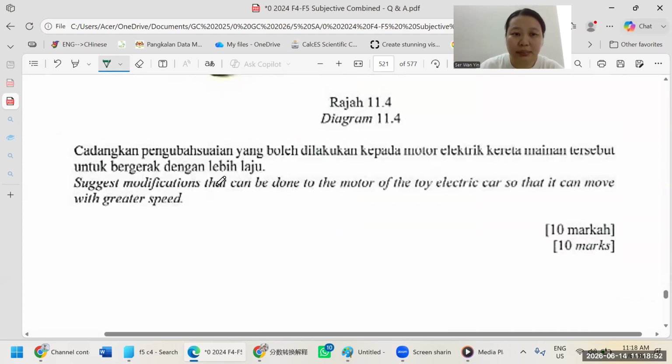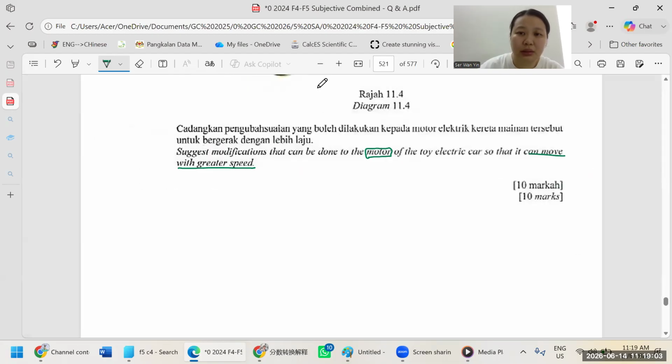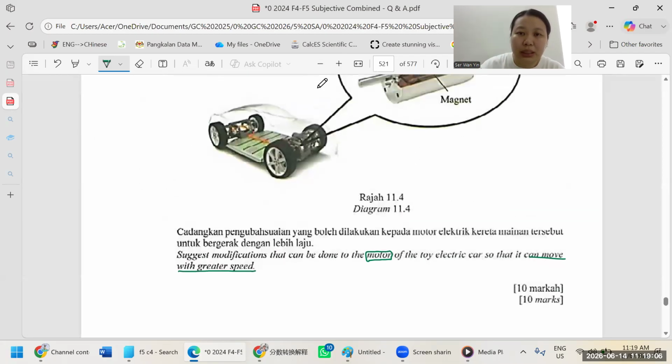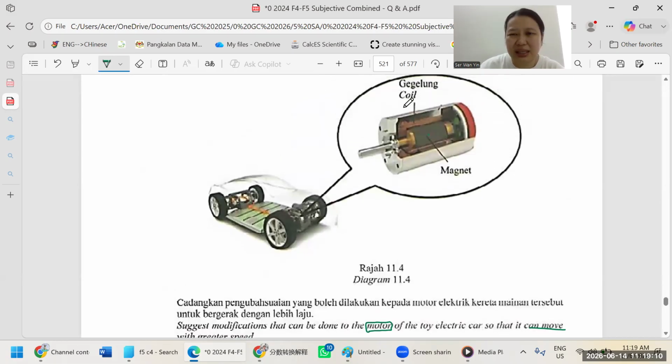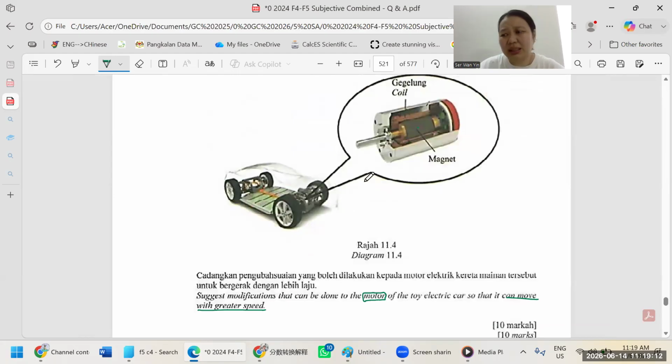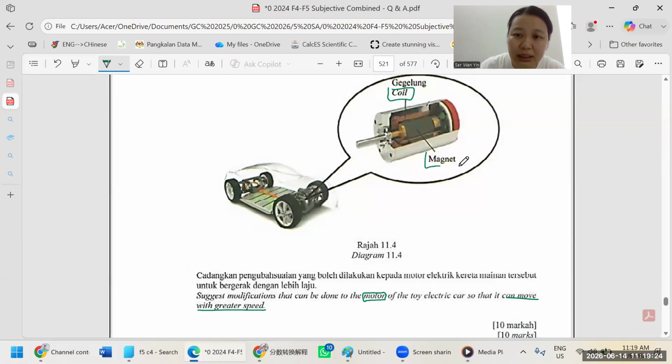Now suggest and modify what can be done to the motor of the toy car so that it can move with greater speed, move faster. I don't like this kind of question. They didn't give enough information. They just show you a coil and magnet.